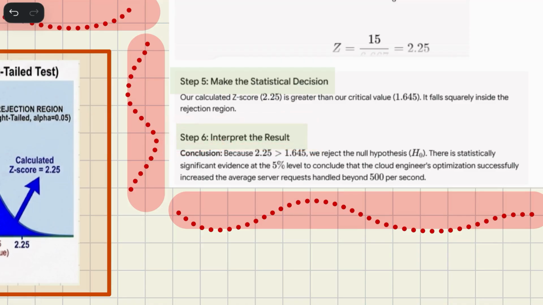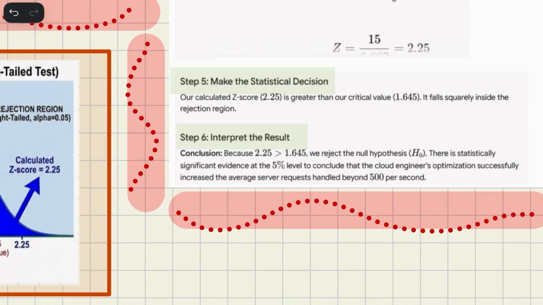So guys, don't just stop here in your exam, do mention the interpretation, because this is the concluding sentence that relates back to the real world problem. So we write that there is statistically significant evidence at the 5% level to conclude that the cloud engineer's optimization successfully increased the average server requests beyond 500 per second.